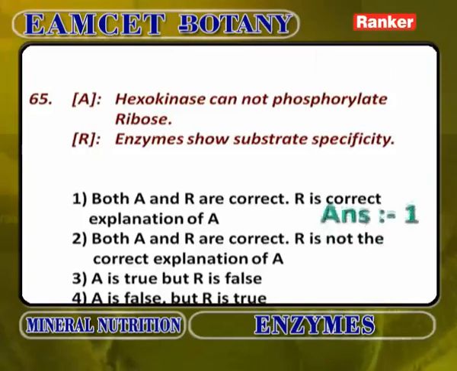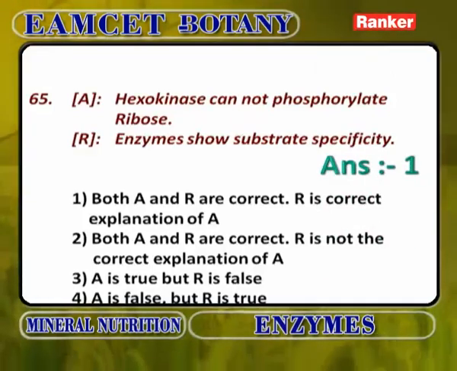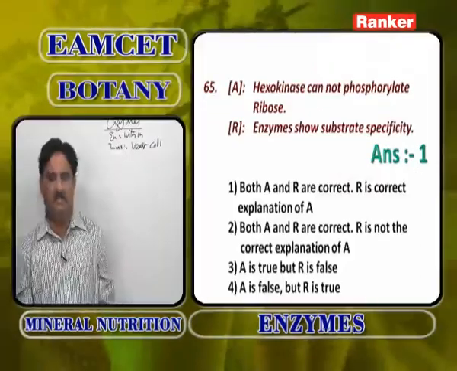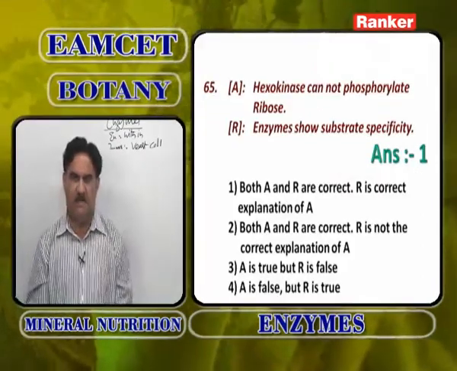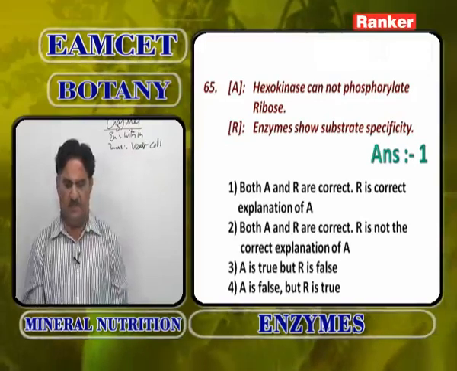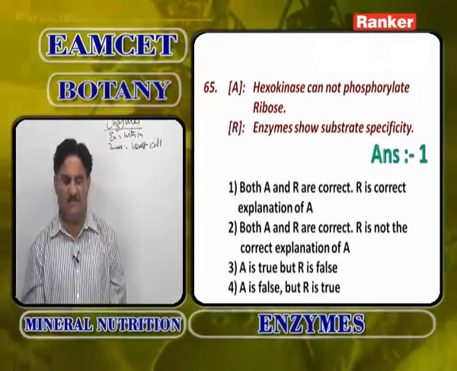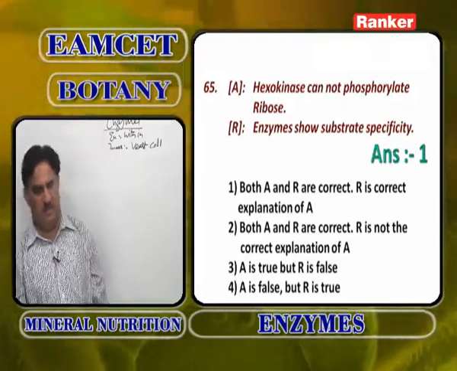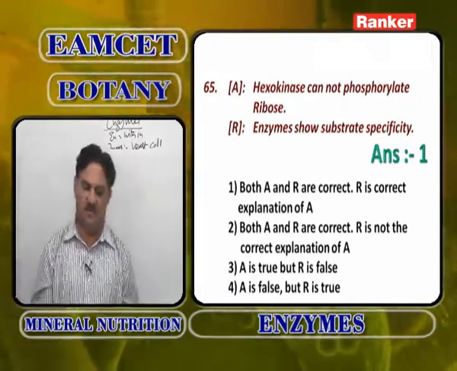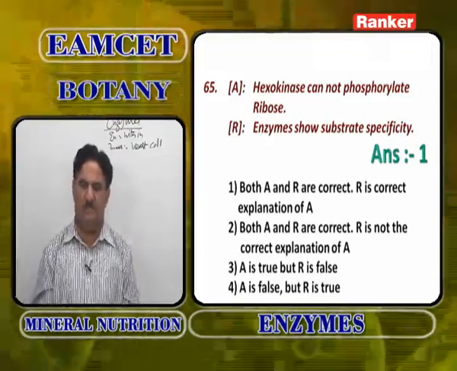Hexokinase cannot phosphorylate ribose. Enzyme shows substrate specificity. Hexokinase phosphorylates only glucose, not ribose or other sugars. Why? Because enzyme shows substrate specificity.